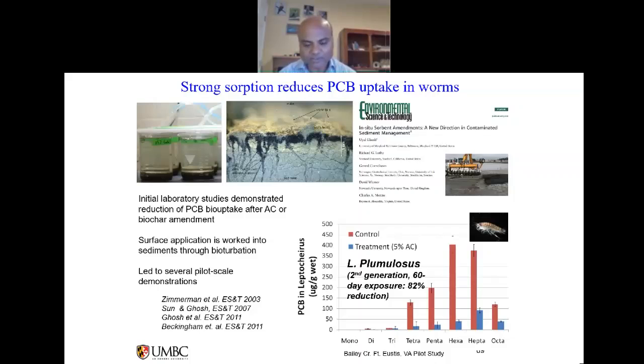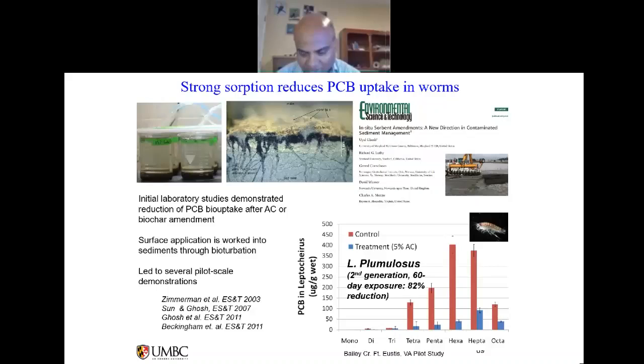So some of the early work looked at beaker and aquaria experiments where we would put a layer of this black carbon material on the surface of the sediments and allow freshwater or saltwater organisms to inhabit those sediments and do the mixing on their own and take that carbon down into their burrows, as you can see in the top second picture, and then take those organisms out and measure those chemicals, in this case PCBs, in the tissue of these organisms.